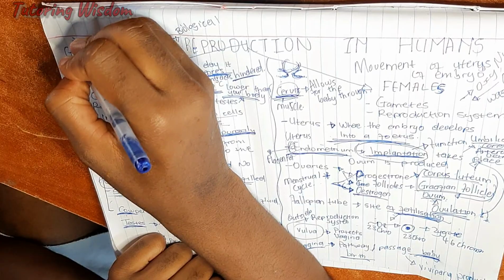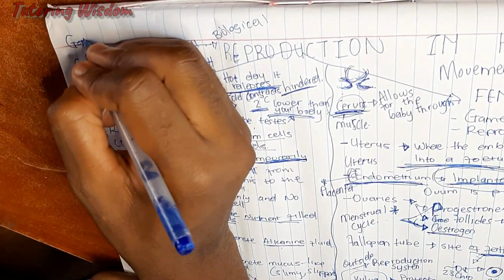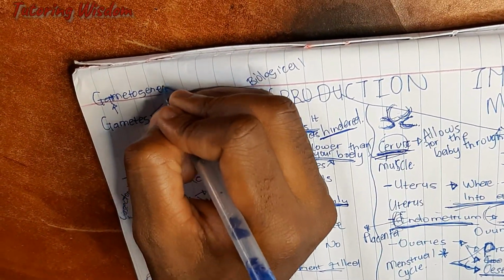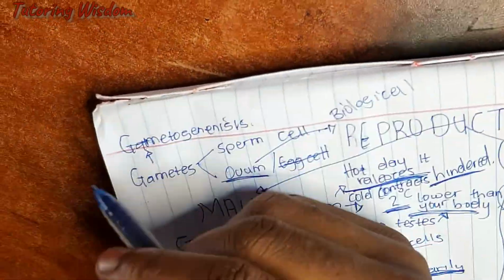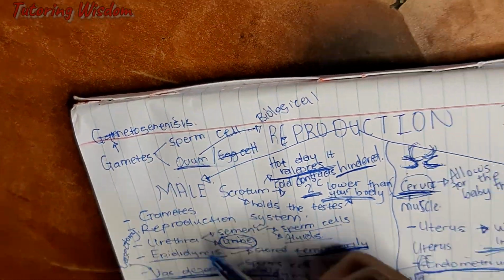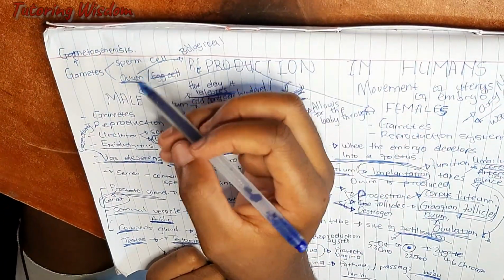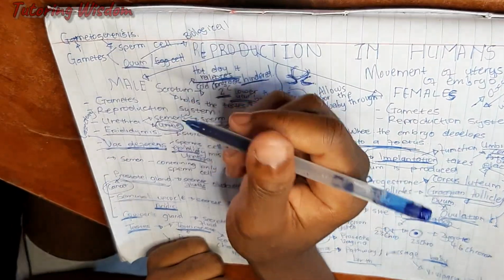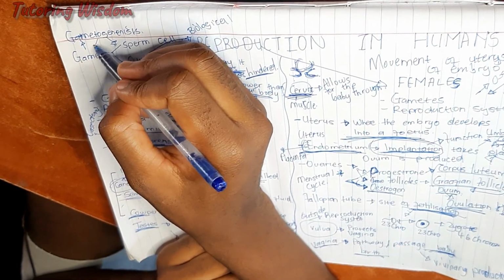The formation of your gametes is called gametogenesis. This is from your previous topic. It's the sperm cell and ovum formation. In females, we call this process oogenesis. In males, we call it spermatogenesis.